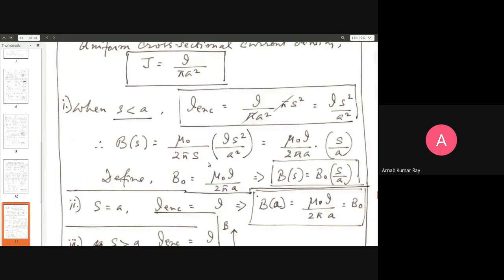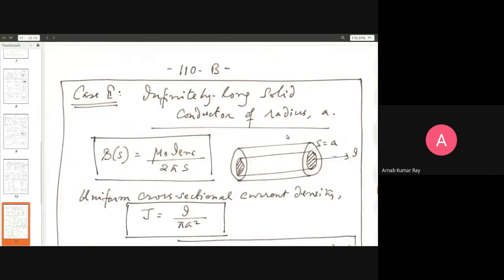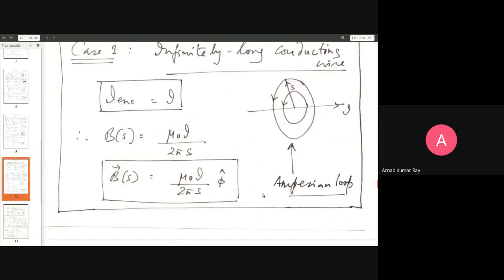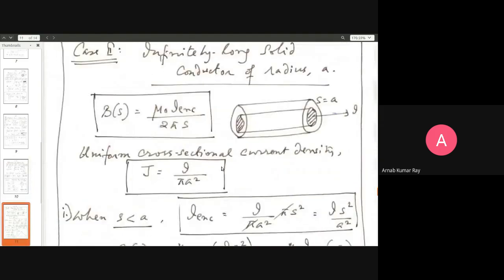If you are standing outside a thick solid conductor, it will be just the same as the case of standing outside an infinitely long, thin conducting wire. From this point of view, if you're standing outside a solid conductor, it would look like all the current has just collapsed along the axis of this wire.